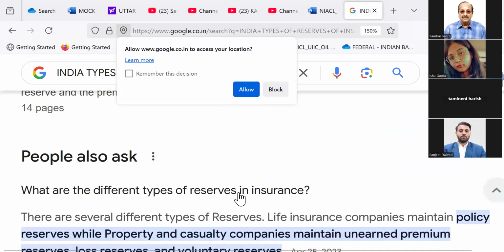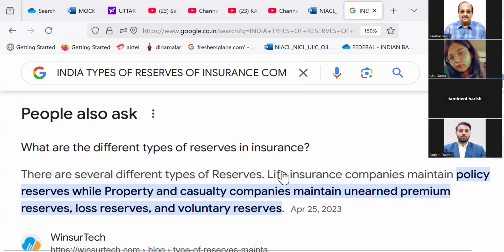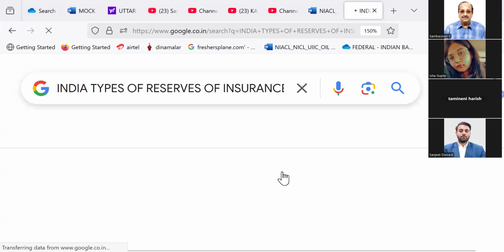What are the different types of reserves in insurance? There are several types of reserves. Life insurance companies maintain policy reserves, while property and casualty companies maintain unearned premium reserves, loss reserves, and voluntary reserves. I don't know what they are.